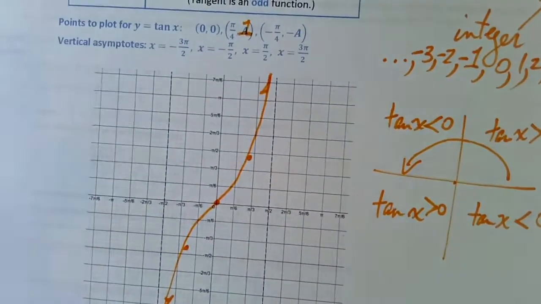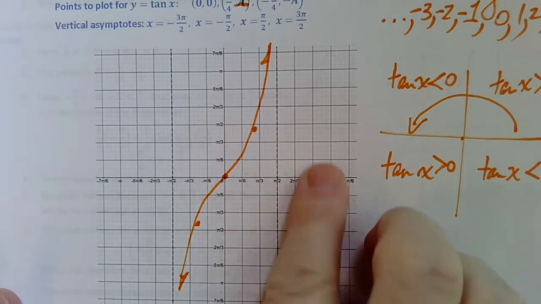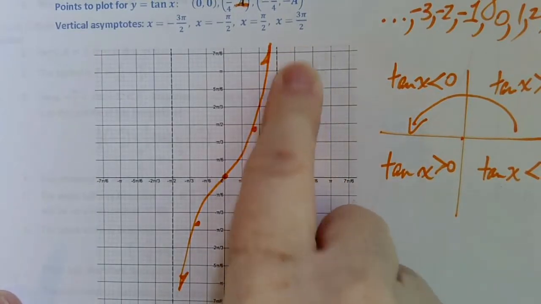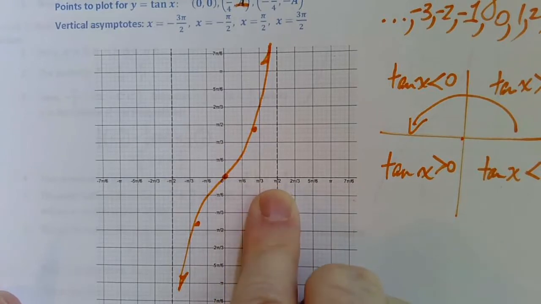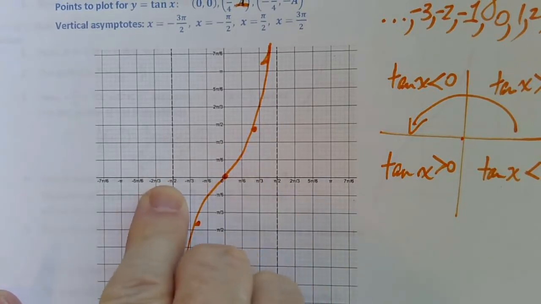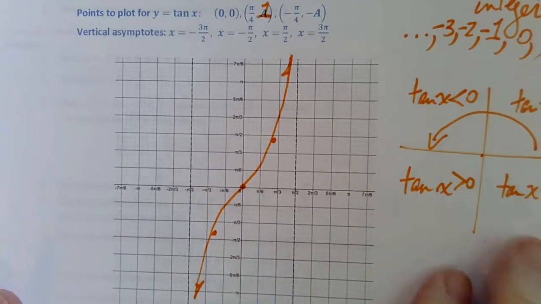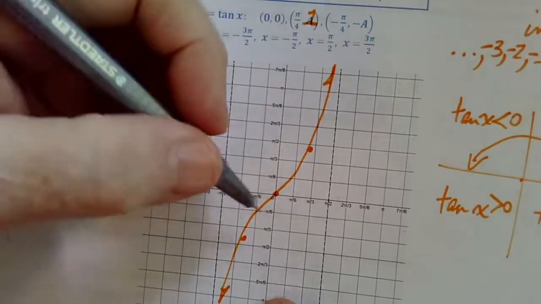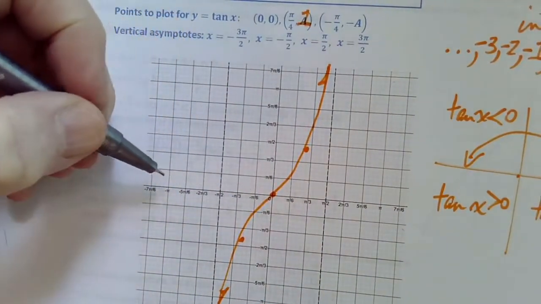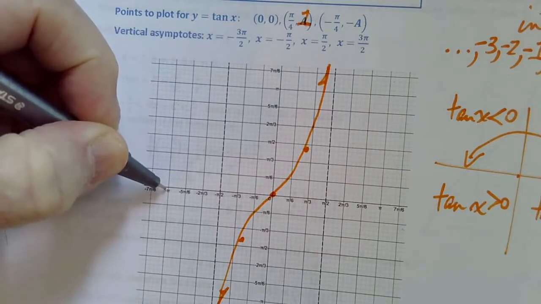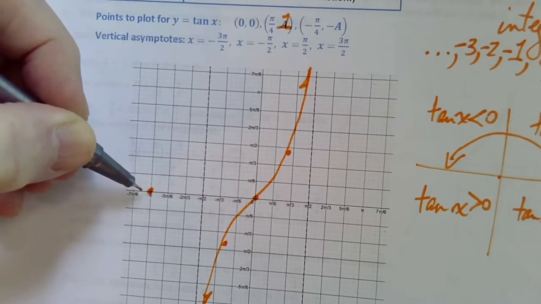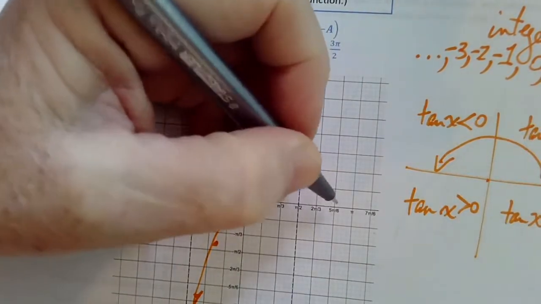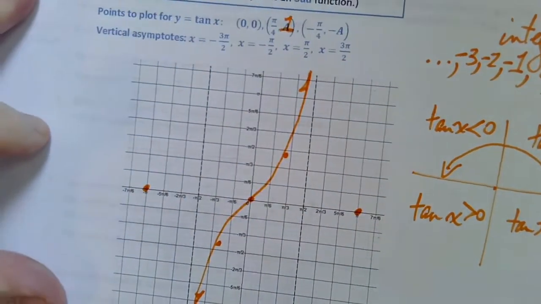To graph the tangent, the tangent is asymptotic to the lines x equals pi over 2 and x equals negative pi over 2. And we're going to repeat every pi. So if I go back pi units, I'll be at another x-intercept. If I go forward pi units, I'll have another x-intercept.